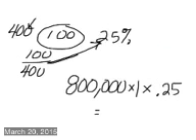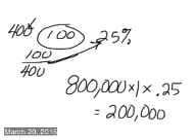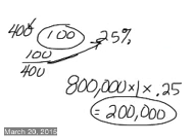So what's 800,000 times 1 times 0.25? How much? Good. That's the answer for number 3.